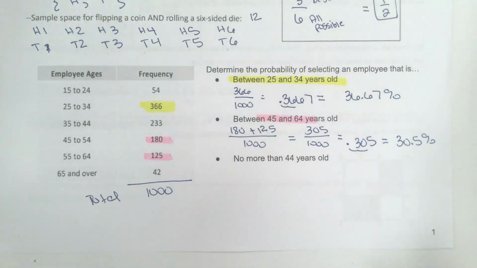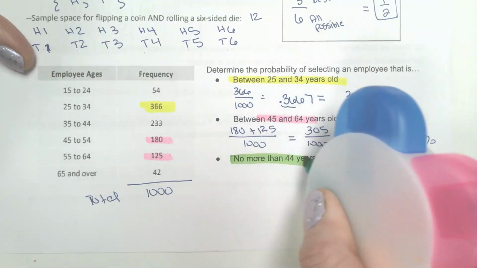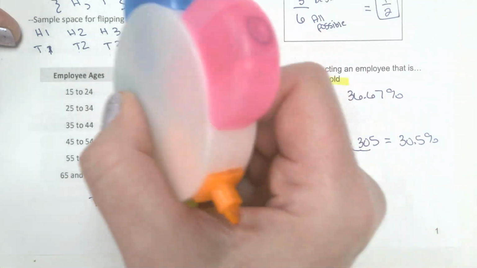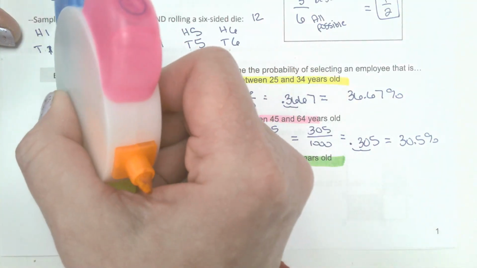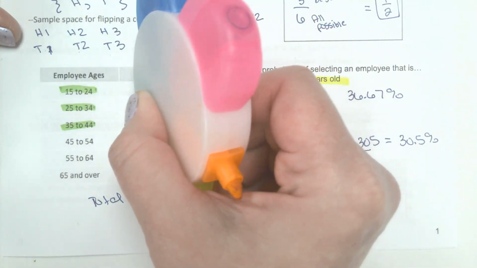Let's see. I want no more than 44 years old. No more than 44. We want people older or younger than 44? Younger, okay. So I need that group, and that group.